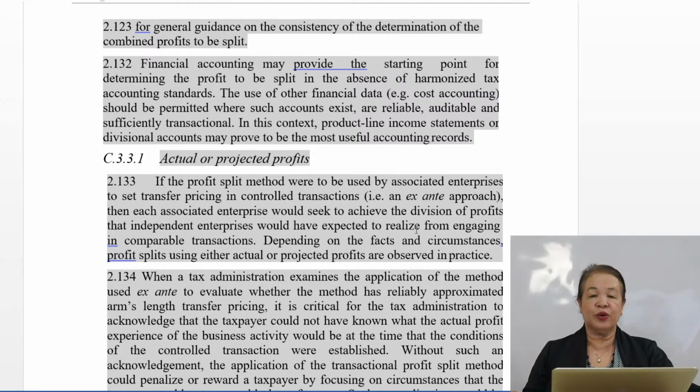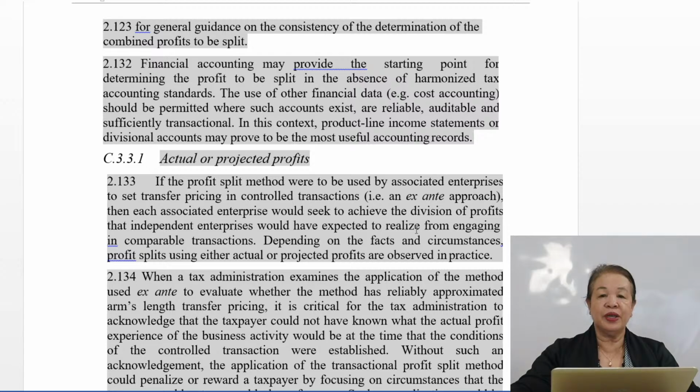Kasi paano mo ba i-compute yung profit? Siyempre, for tax purposes, 'di ba yung profit natin is sales less cost of sales less operating expenses equals the net profit or net taxable profit. But for accounting purposes, there are differences, no? The permanent difference and the temporary difference.